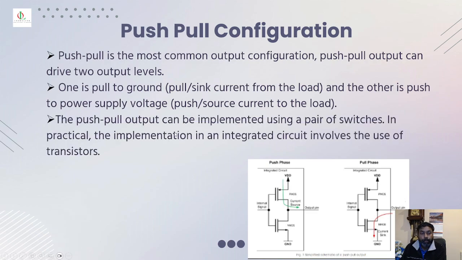The push-pull output can be implemented using a pair of switches using CMOS technologies. In practice, the implementation in an integrated circuit involves the use of transistors, PMOS and NMOS. In a push phase, you give the internal signal, and VDD is connected to the PMOS, which will be in active state, and NMOS is connected to the ground.